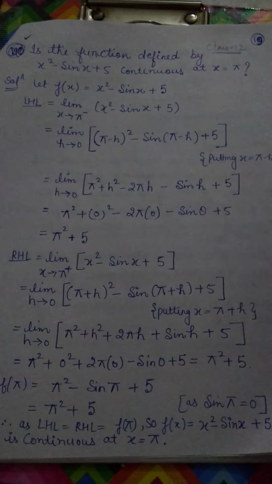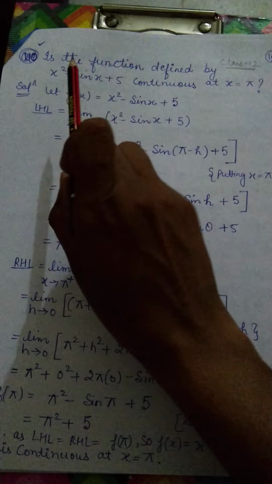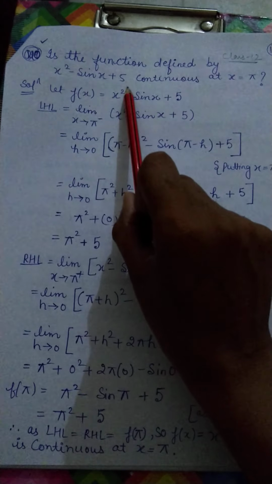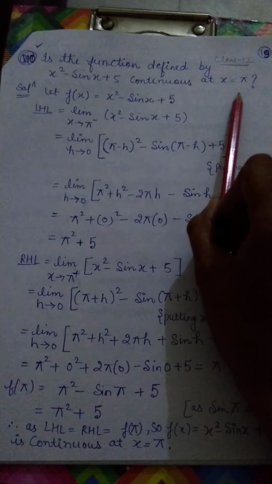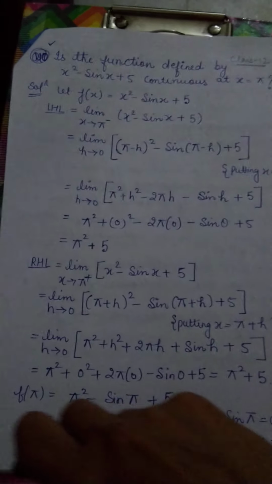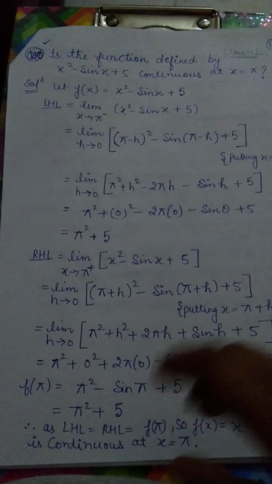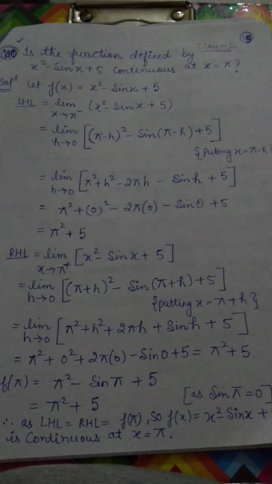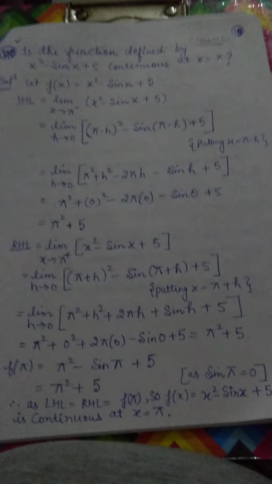Now बच्चे, it is your question number 20, that is the function defined by x square minus 5x plus 5 continuous at x is equal to pi. Means what we have to do बच्चे, we have to check whether this function is continuous or not at x is equal to pi. Clear?